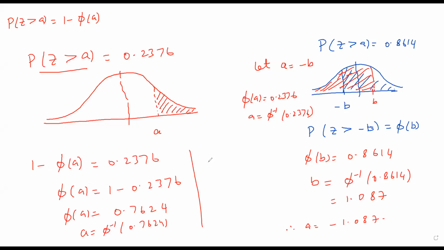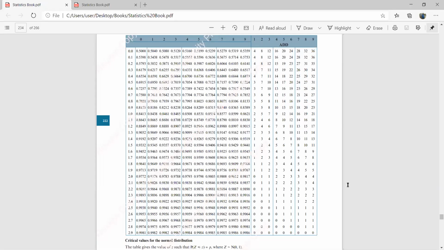Let's find that from the table, 0.7624, let's see where it is. I see 0.7611, and this is a much bigger value, 0.7642. We need 0.7624, so I need to add an 11.